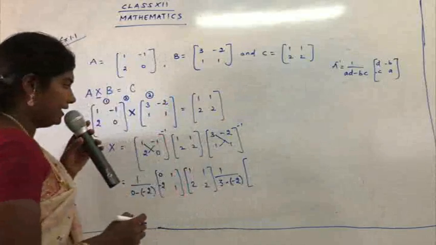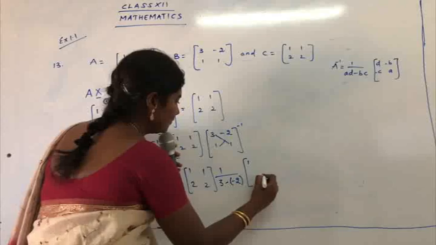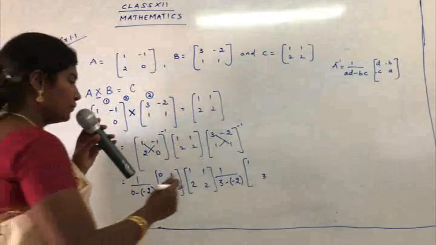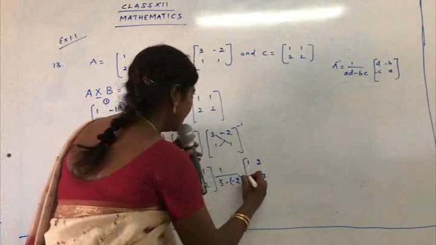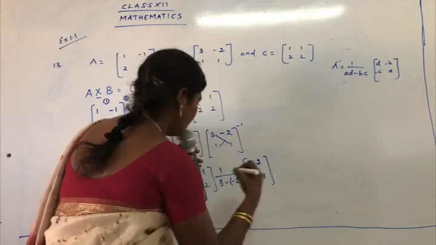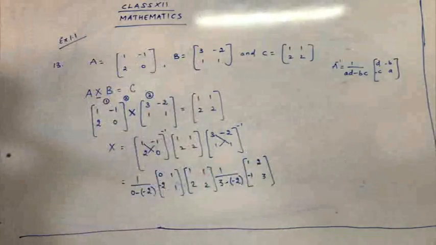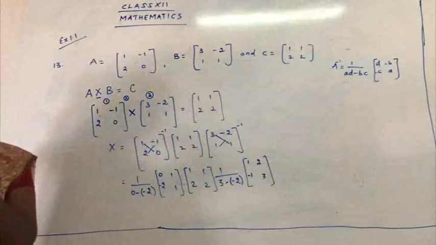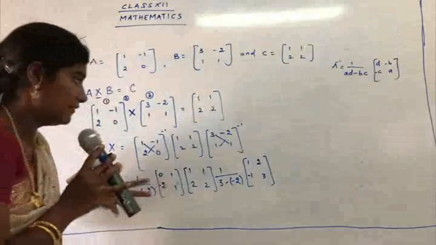Interchange A and D. So 3 and 1 will be interchanged. That is 1, 3. Now for B and C you have to change the sign. So be careful. So minus 2 turns to 2 and 1 turns to minus 1. So remember the first and the fourth element are to be interchanged and the second and the third, the sign should be reversed. The sign will be changed.